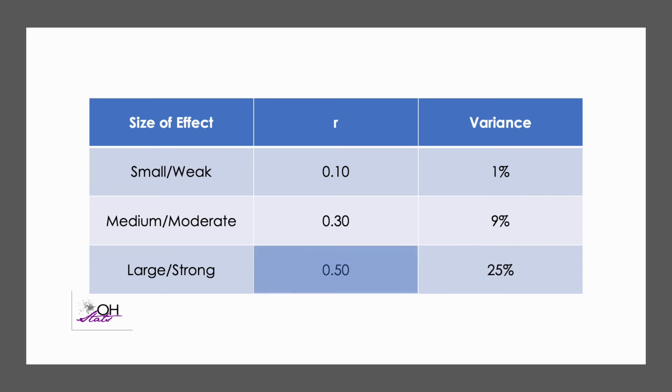And an effect size of 0.50 is large or strong, as it explains 25% of the total variance. But it is also important to note that this scale is not linear, so 0.30 is not 3 times larger than 0.10.